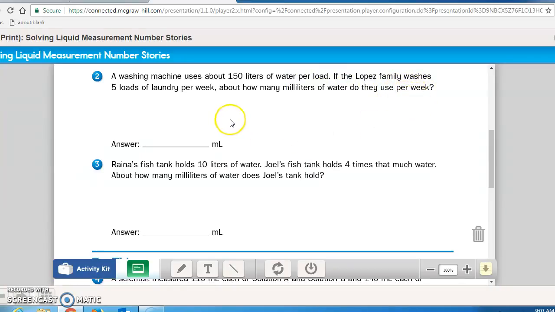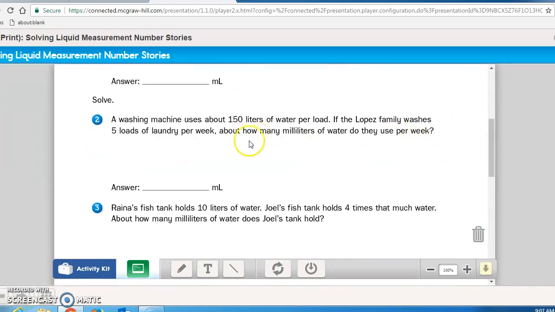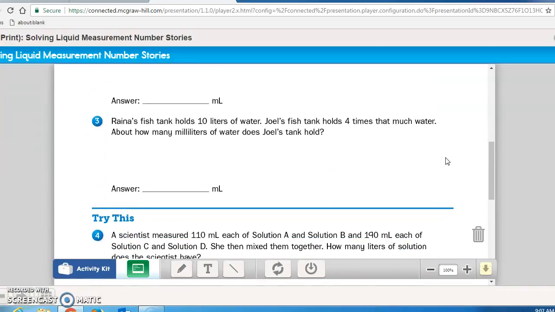Pause the recording now. Remember how we did this with the number line up here and the conversion chart and created our own. Try to do this one on your own. Number 3. Raina's fish tank holds 10 liters of water.